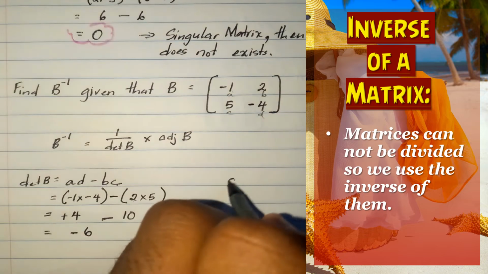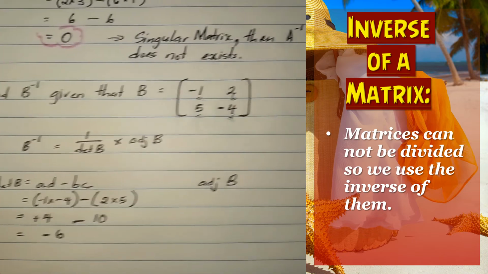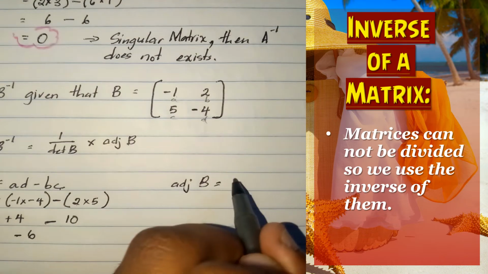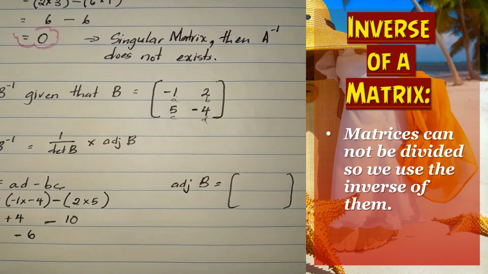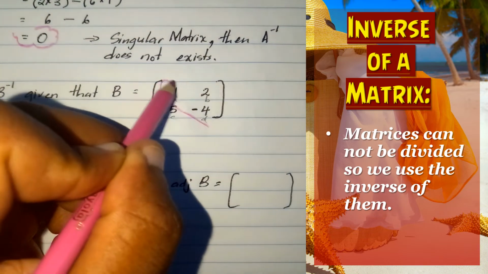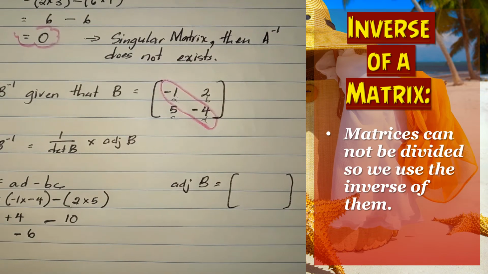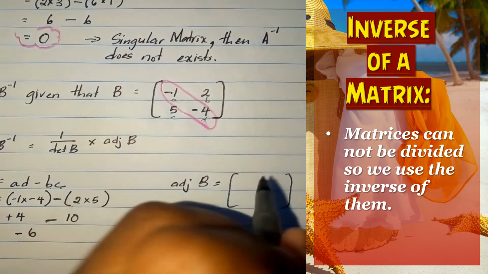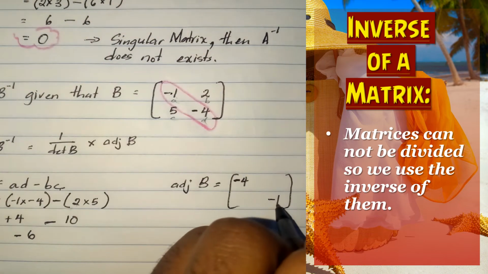So the adjoint of B, ADJ of B, is going to be... you remember how to find the adjoint? I think you might remember. Find the leading diagonal, and we're going to switch the elements. So -1 becomes -4, and -4 becomes -1.